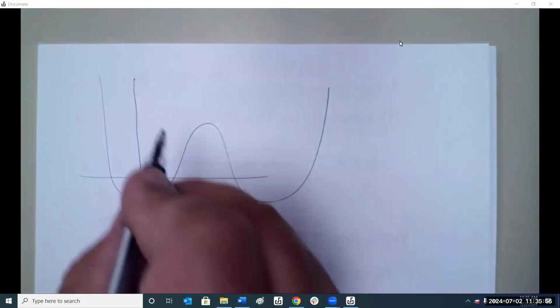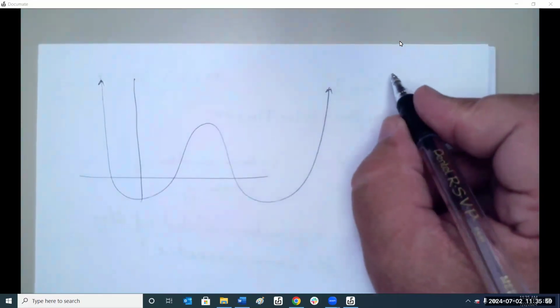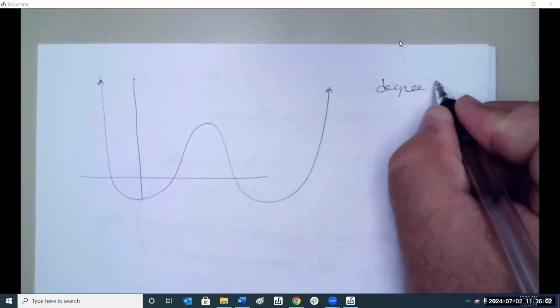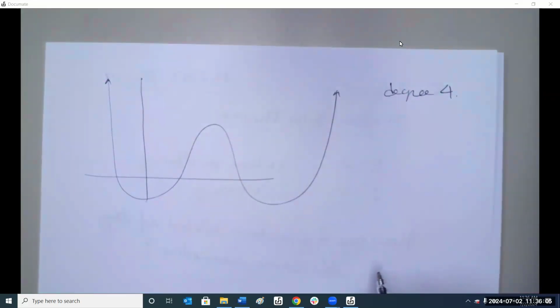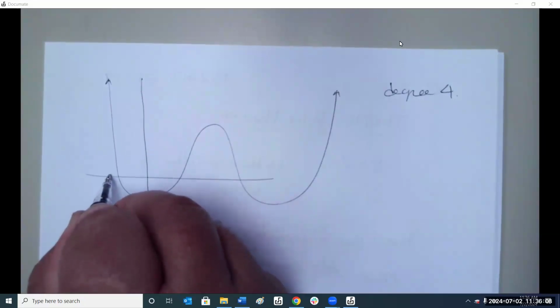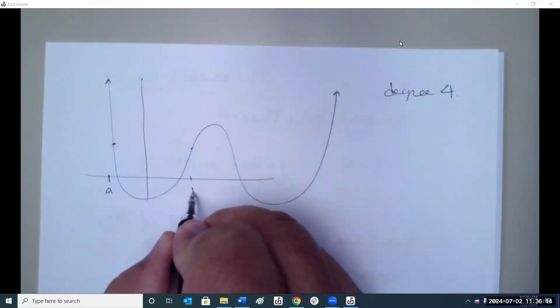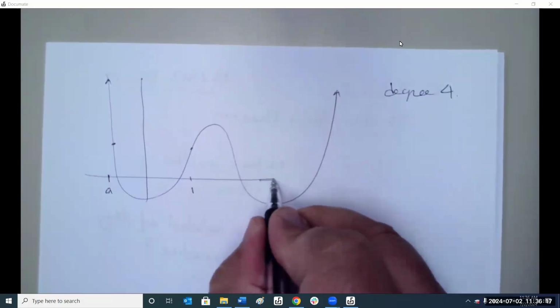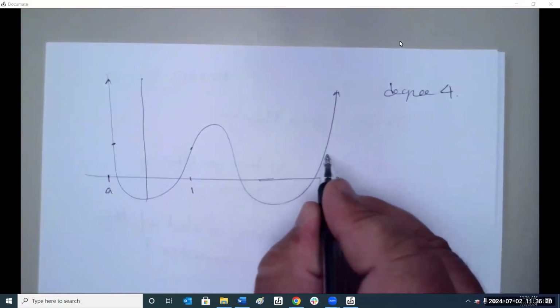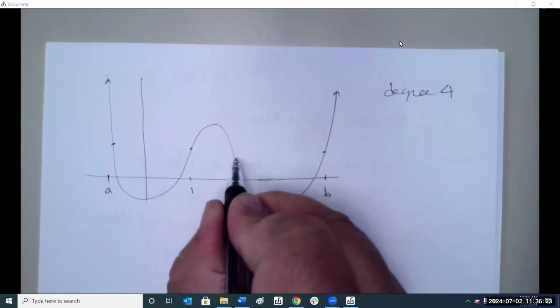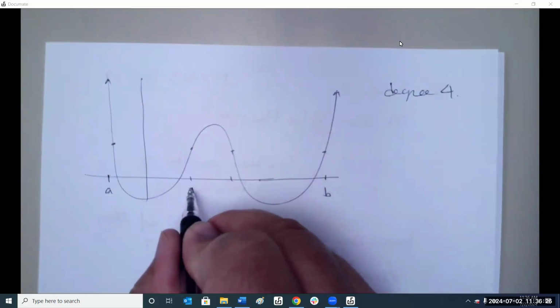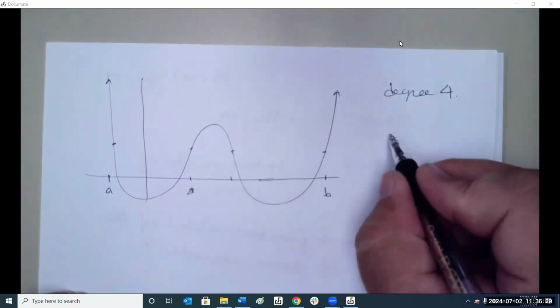Good. The theorem says at least one point. What if it's a fourth order equation? So we can have point A here and point B here. It's a closed interval.